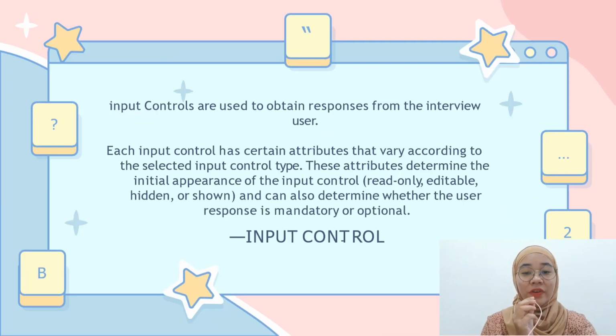Application control is divided into three, which is input control, process control, and output control. Now we will start with the input control. Input controls are used to obtain responses from the interview user. Each input control has certain attributes that vary according to the selected input control types.